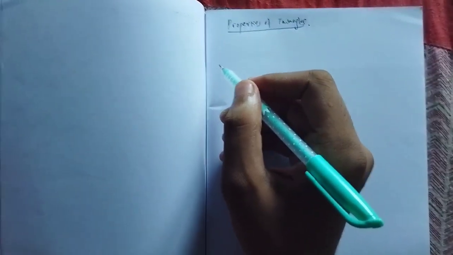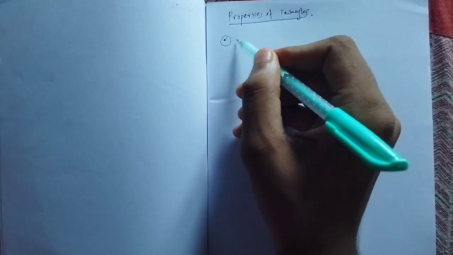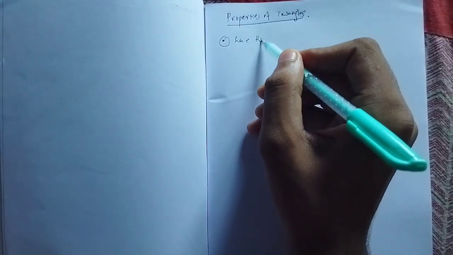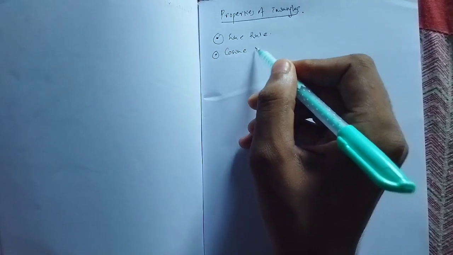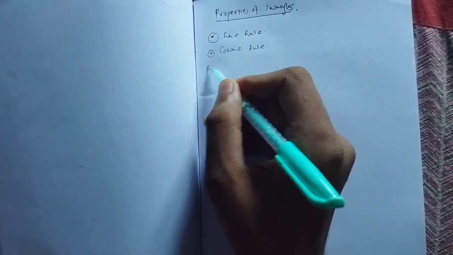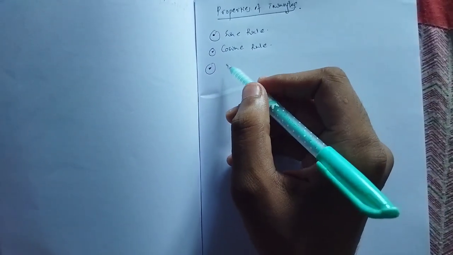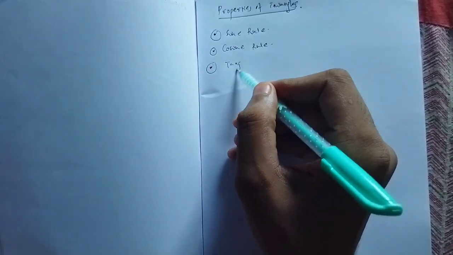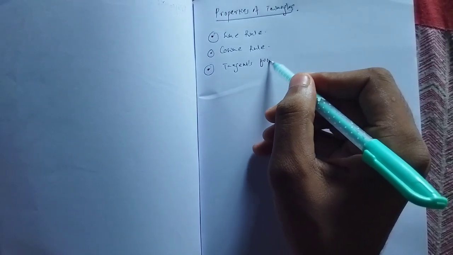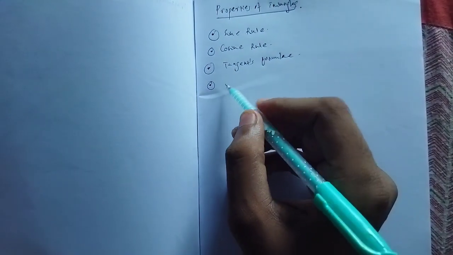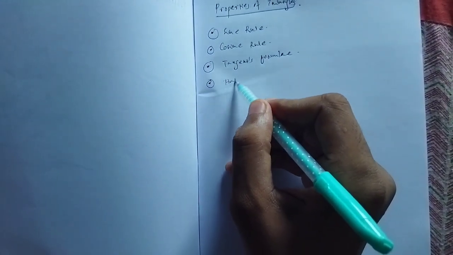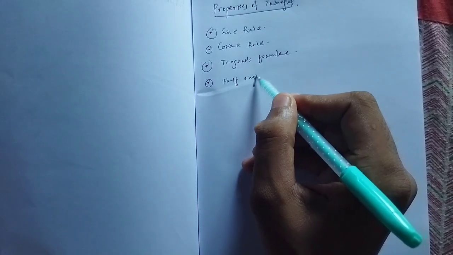So in this chapter we are going to discuss sine rule, cosine rule, some tangents formulae, and half angle formulas.